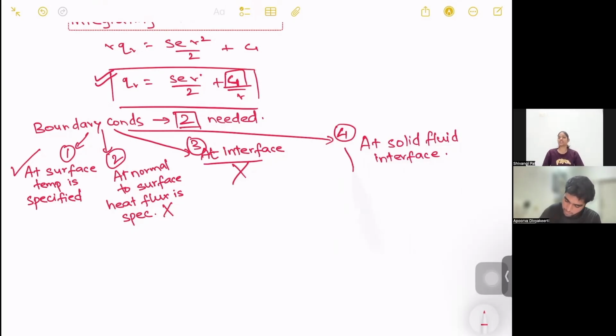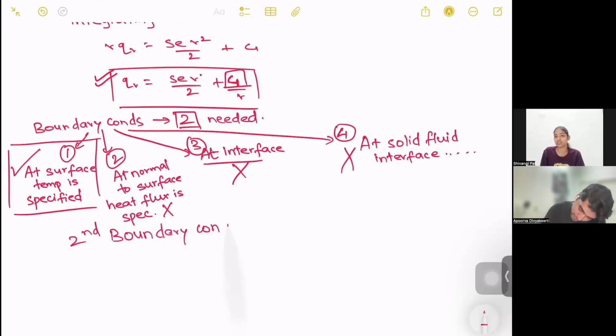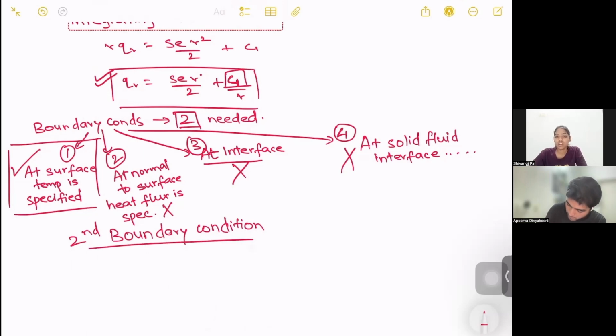So far only one boundary condition is applicable, that is, the temperature at the boundary should be specified. But we require two boundary conditions. So what will be the second boundary condition? Do you remember we mentioned one more boundary condition while explaining the boundary conditions, and that was the logical boundary condition.